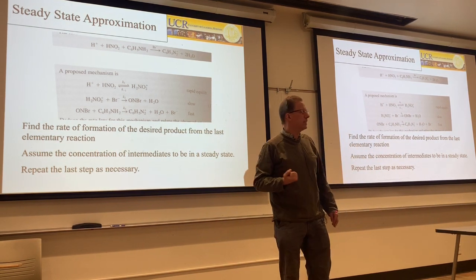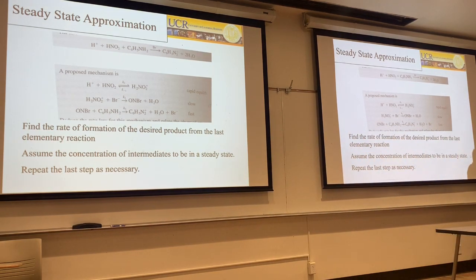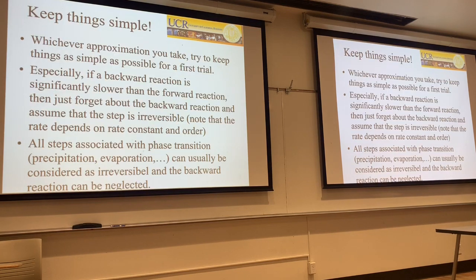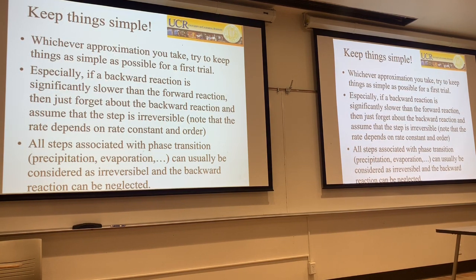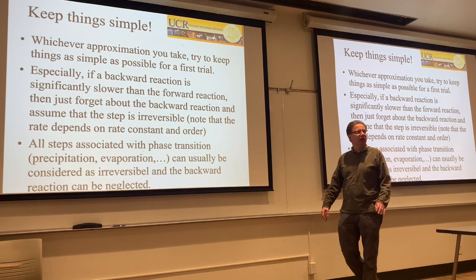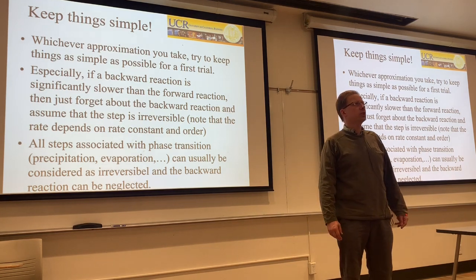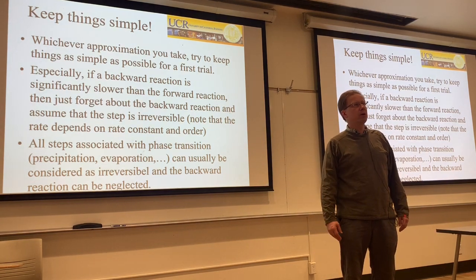And that is an important takeaway message from what the book does over here. If backward reactions are much slower than forward reactions, just don't bother with them in the beginning. You will get mathematical complexity without getting much information about your system.